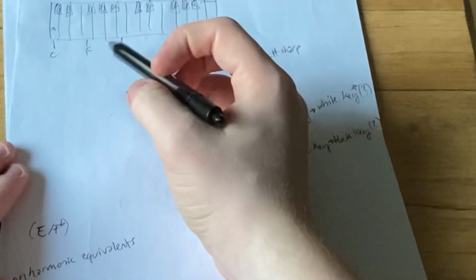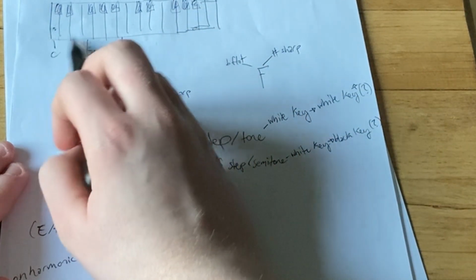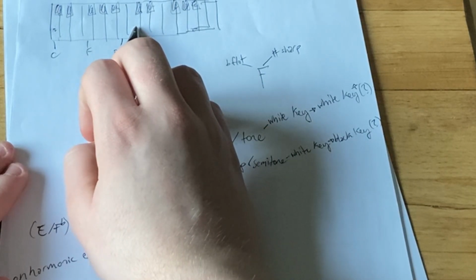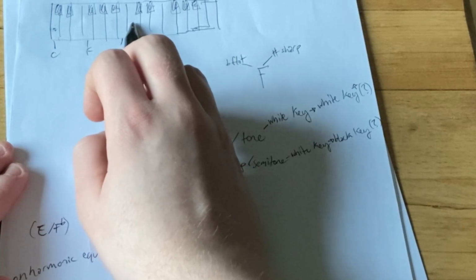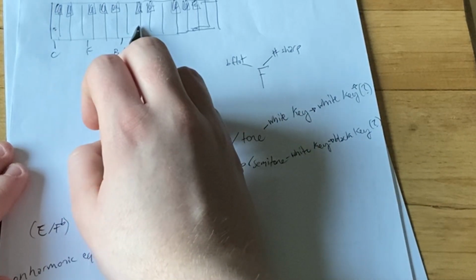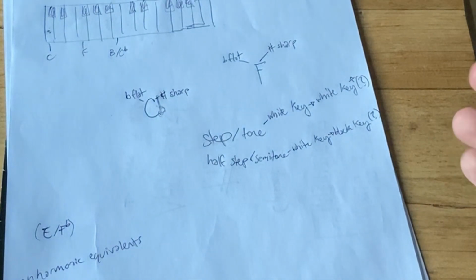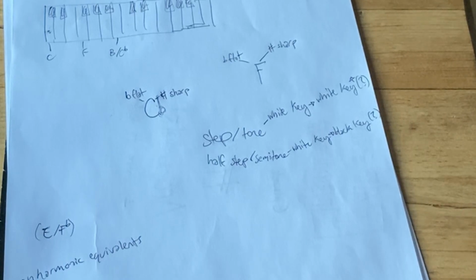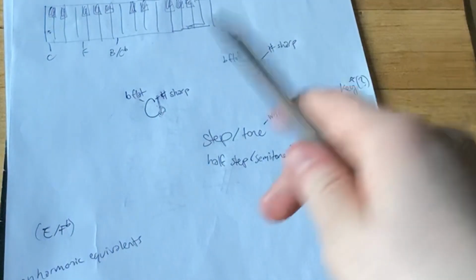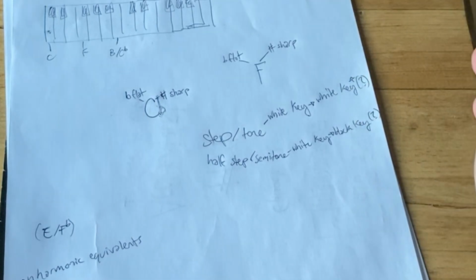I'm going to go through the C major scale, which is just this C here to this C. So if you play all the white keys from C to the nearest C, you'll get the C major scale. A scale is a basis of notes that will make up whichever key you're playing in. So if you're playing the C major scale, you're in the key of C.